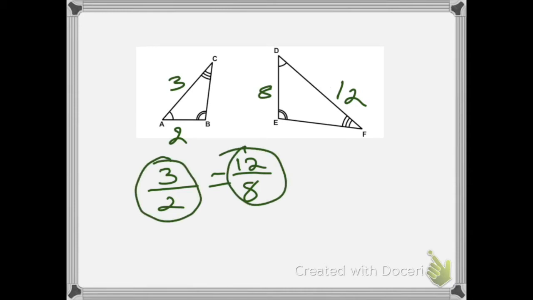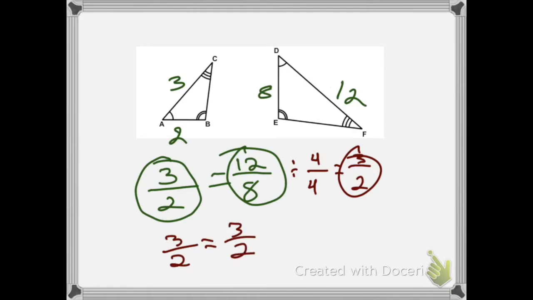Let's reduce this fraction. Three over 2. So 3 over 2 equals 3 over 2. Done. This is my proportion.